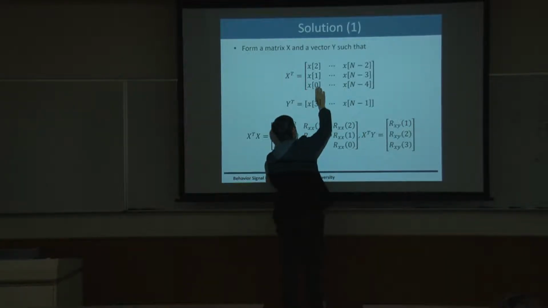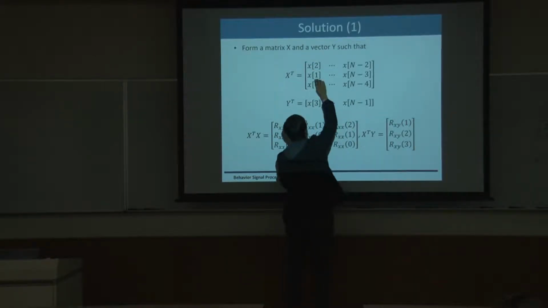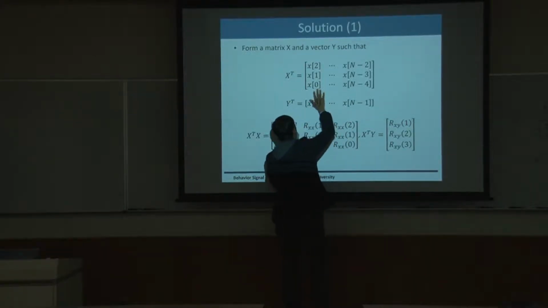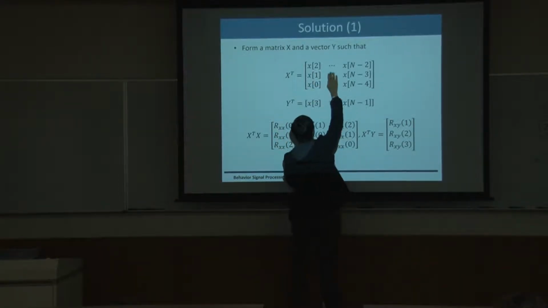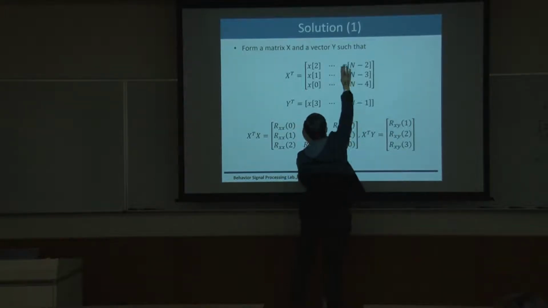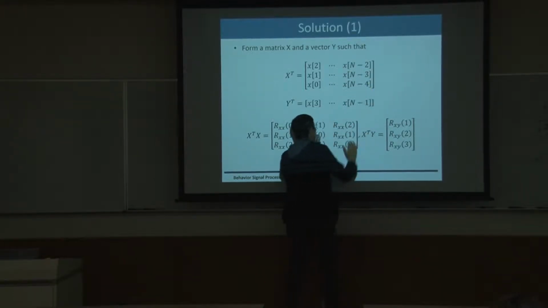So in this case, we are going to try to predict the fourth sample, 3 samples ahead, by using these 3 terms. Therefore, we align these data here like this: 2, 1, 0, then 1, 2, 3, and 2, 3, 4, and so on.